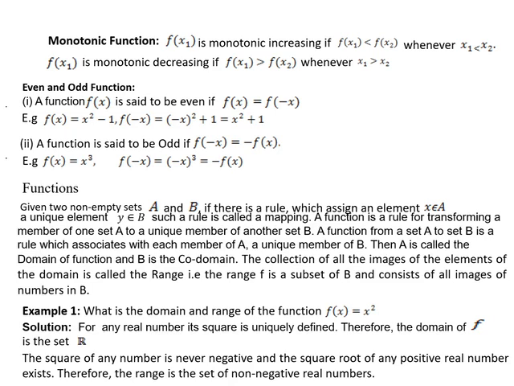Now we see that the input is the domain while the output is the codomain. So the collection of all the images of the elements of the domain is called the range.